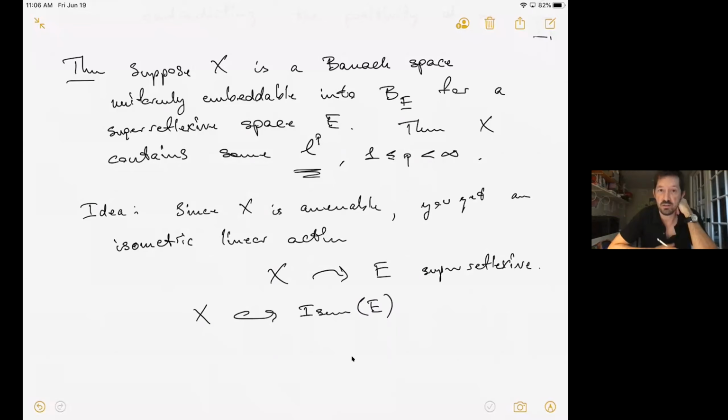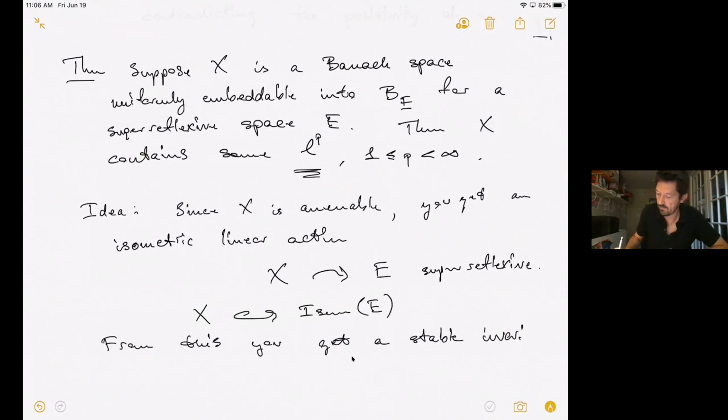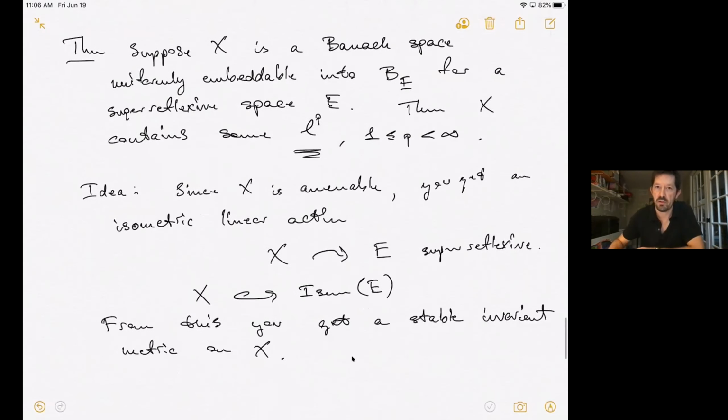And so what you get is that there is a stable invariant metric on X. And then you apply a result of Raynaud that says once you have a stable invariant metric, you get this copy of LP.